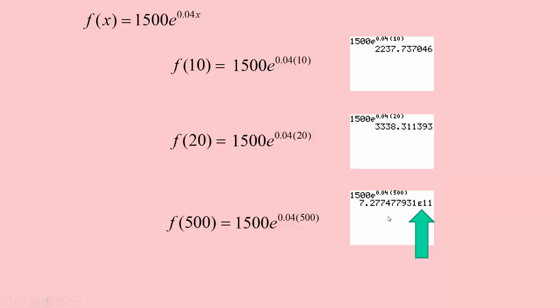Now, I don't know what that's going to be, millions, billions, trillions, but that is not a 7.2 as the answer. It's 7 and then 2, 7, 7, 4, 7, 7, 9, 3, 1, and then more zeros. Enough zeros to make 11 numbers past the 7.